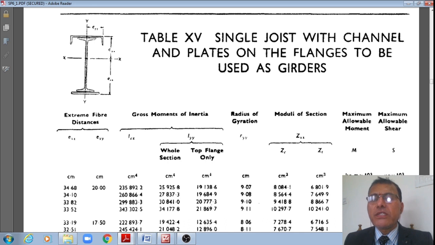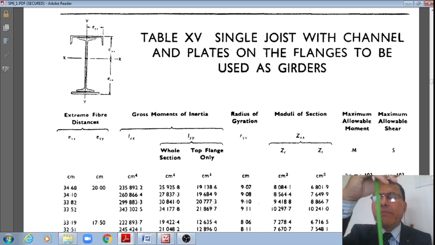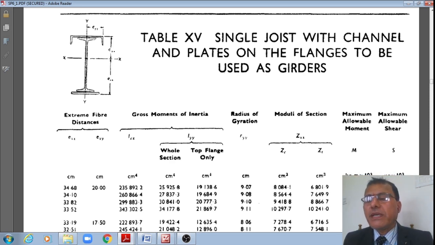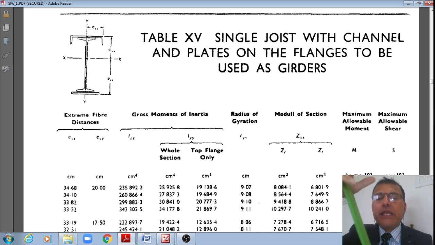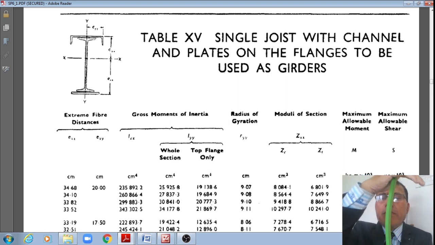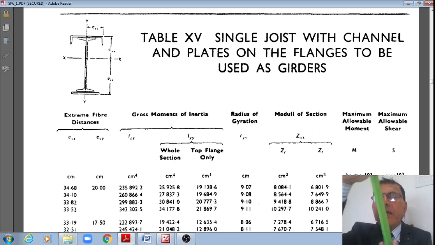maximum allowable moment, 1071 kilonewton meter or 107.1 ton meter, with maximum allowable shear capacity of 68 times 10 to the power 3 kg or 68 metric tons in the web. 68 metric tons, or 68 multiplied by 10 to the power 3 kg, multiplied by approximately 10 newtons, means 680 kilonewton is the maximum allowable shear in the web, right?